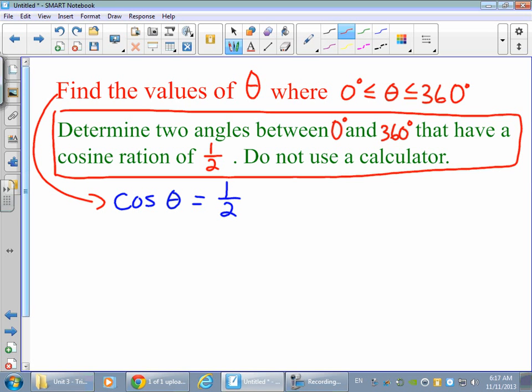And so what we're looking to do is solve this as best we can. Find the values of theta where, okay, so what we want to recognize is, first of all, when cosine is 1/2, that is one of the basic trig ratios, or one of the special angles that we know.